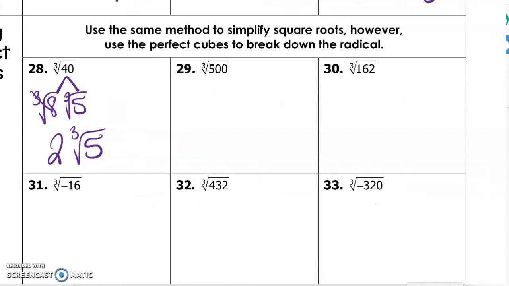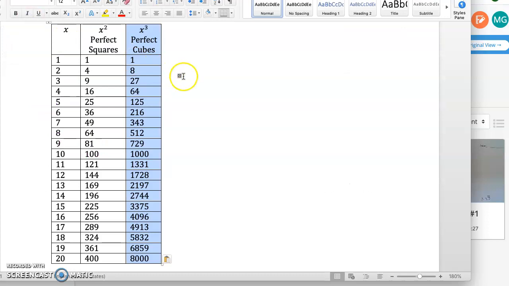All right, our next one is 500. So again, if you look at your list, you can start looking at what goes into 500. Well, 500 divided by 8 gives me a decimal. 500 divided by 27 gives me a decimal. 500 divided by 64 gives me a decimal. 500 divided by 125 gives me 4.